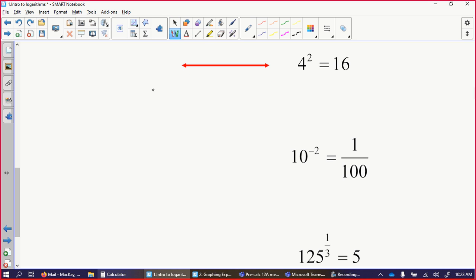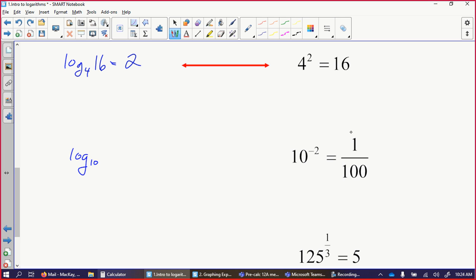The logarithm: the base is 4, the argument is 16, the exponent is 2. 4 to what power equals 16? Well, that's 2.